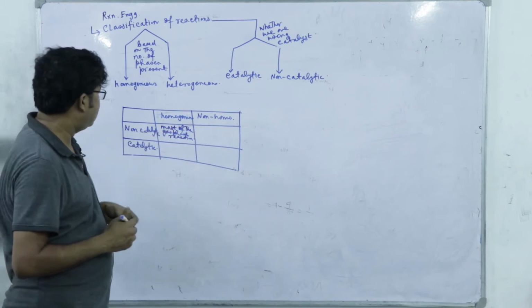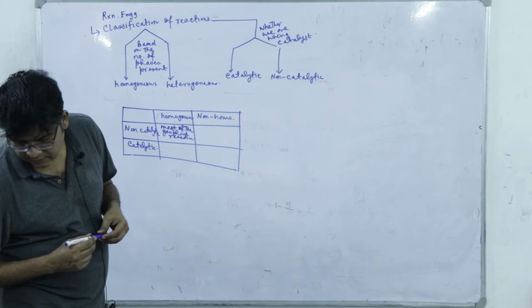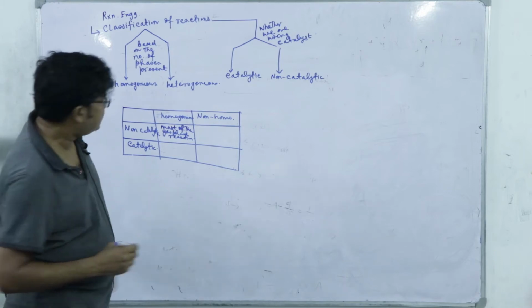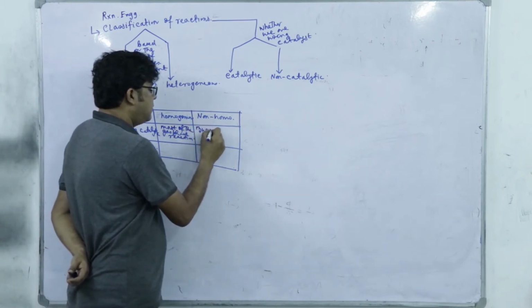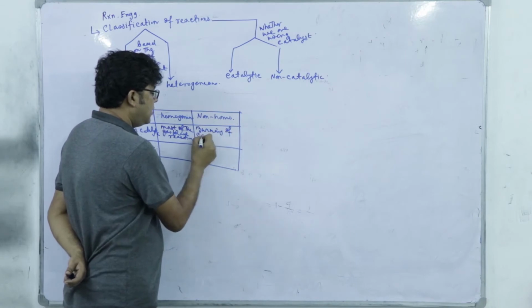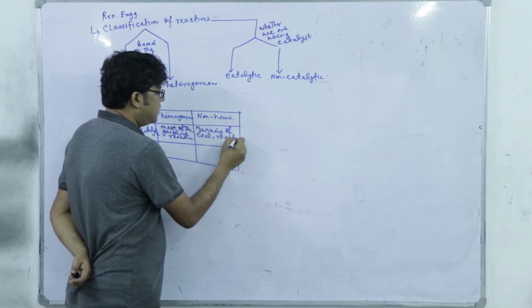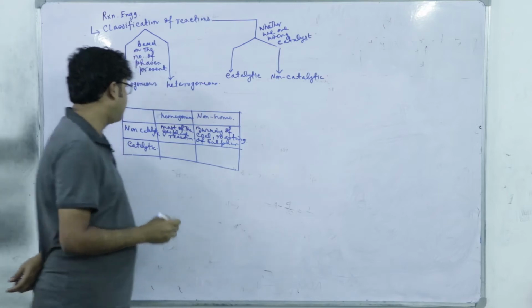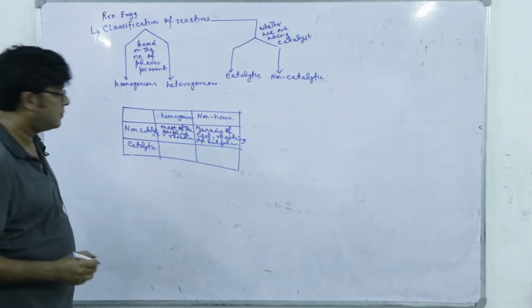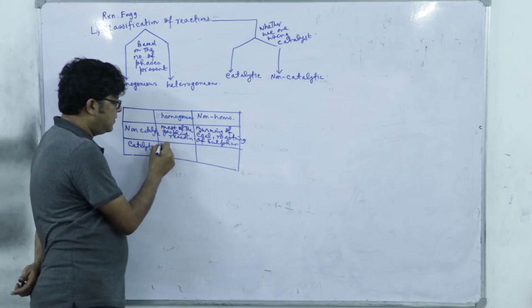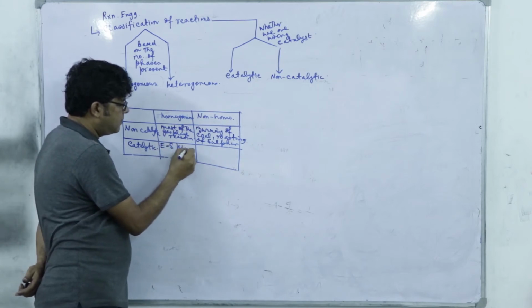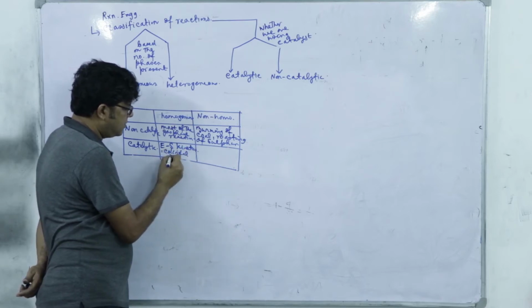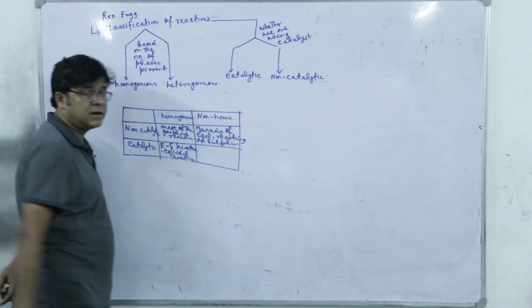Now, non-catalytic non-homogeneous, or heterogeneous, reactions: burning of coal, roasting of sulfur, etc. Now, for catalytic homogeneous reactions, we can have enzyme-substrate kinetics and colloidal reactions, which can be fairly approximated as homogeneous.